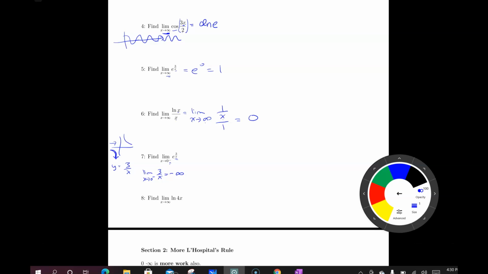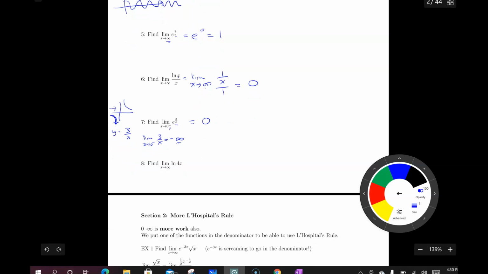So then I've got e to the negative infinity, right? Because that's where this expression is. E to the negative infinity gives me 0, because 1 over e to the infinity gives me 0. So there's going to be times we need to think about things. So this is a good one to think about.